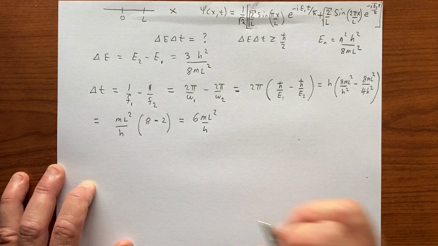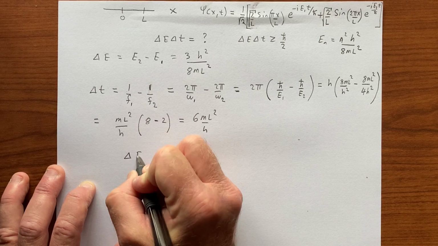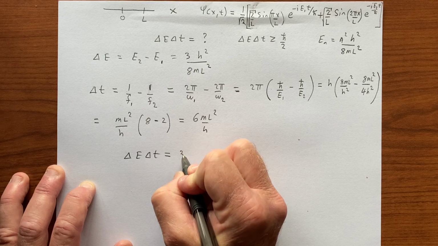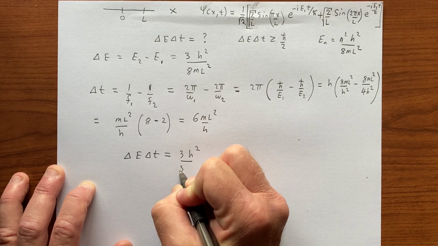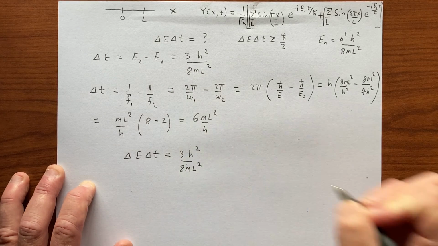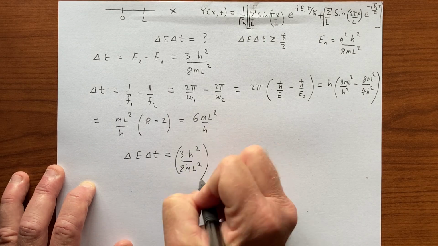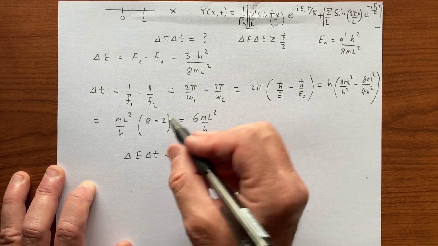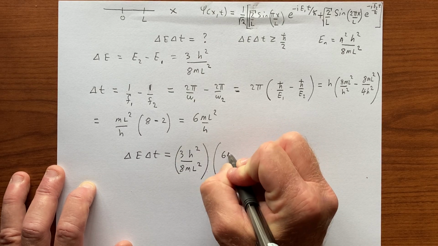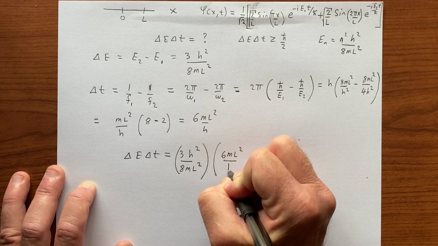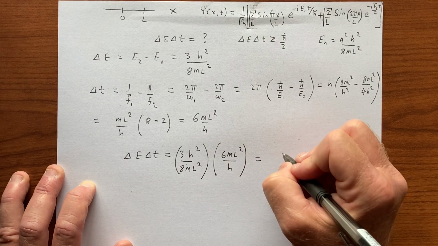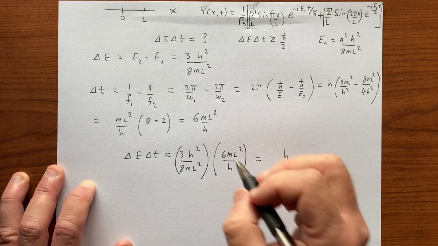And so where are we? Delta E times delta T is equal to 3h squared over 8mL squared for delta E. That's the range in energy, and the range in time is 6mL squared over h. And that gives us, so we have a factor of h.